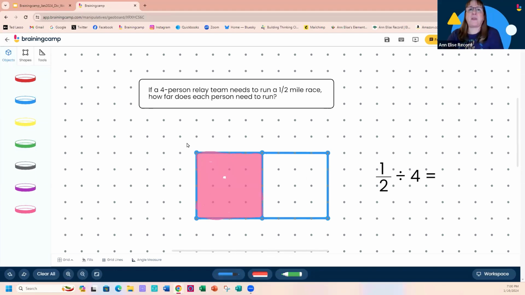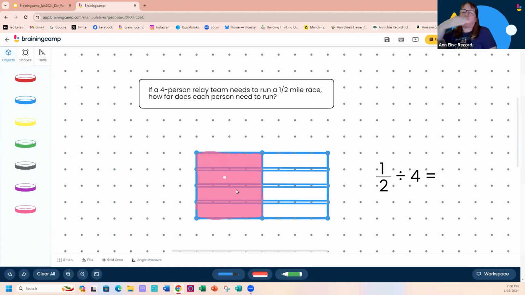Well, here I have again, an area model showing fractions. I've shaded in 1/2 already on the geo board here. So I'm dividing this half by 4. So what I like to do is partition it horizontally. Do it the other way. So I've done the partition vertically of my 1/2, but I'm going to partition it in 4ths, 4 equal sized pieces horizontally.